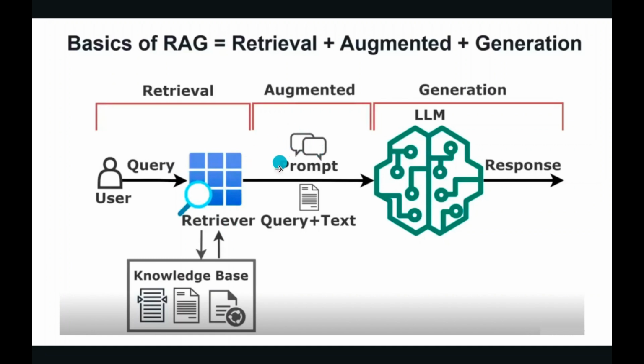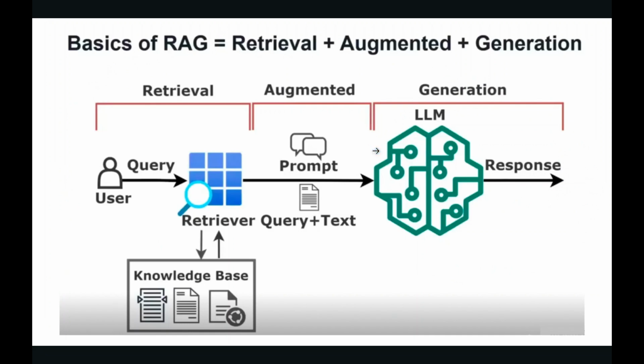Now the prompt is improved and enhanced. This part is called augmented, and the prompt is known as the augmented prompt. After augmentation, the augmented prompt is given to the LLM model so that the LLM can generate a response. This part is called generation. The combination of these three parts is called a RAG agent.